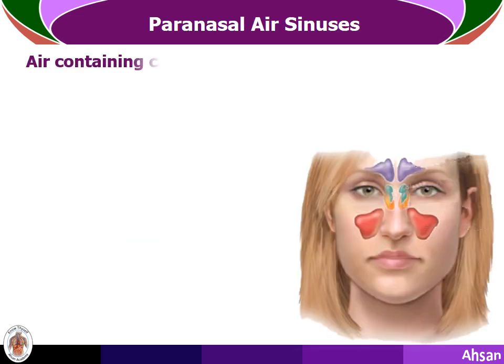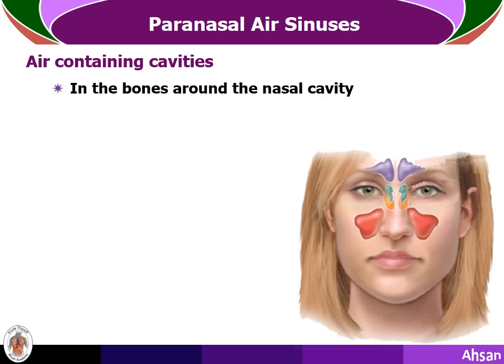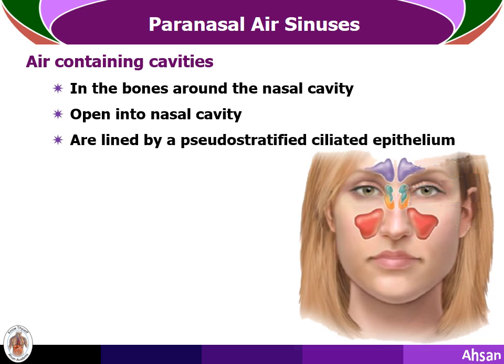Paranasal sinuses are the air-containing cavities that lie in the bones around the nasal cavity, and all of them open into the nasal cavity. These are lined by pseudostratified ciliated epithelium, which is continuous with the epithelium of the nasal cavity. So these are clinically very important spaces that are extensions from the nasal cavity, and their mucosa is continuous with the nasal cavity.